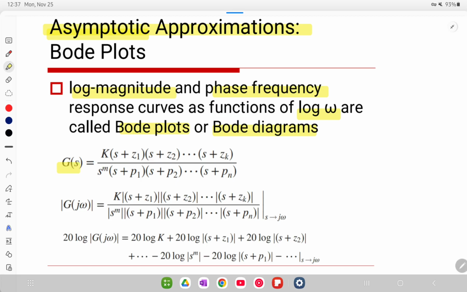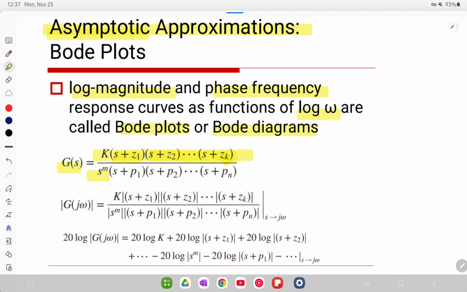So for G of S, a system with a gain of K, we have several poles, and all the zeros on the numerator, and S to the M. So M will decide what type of system it is.